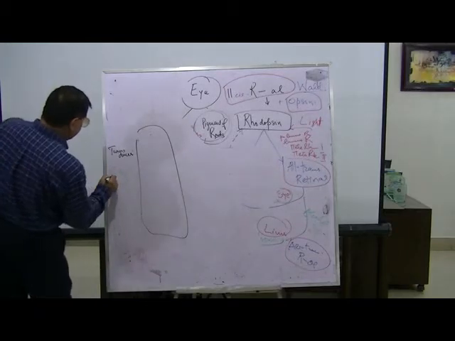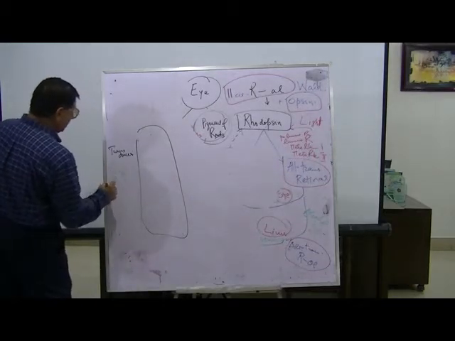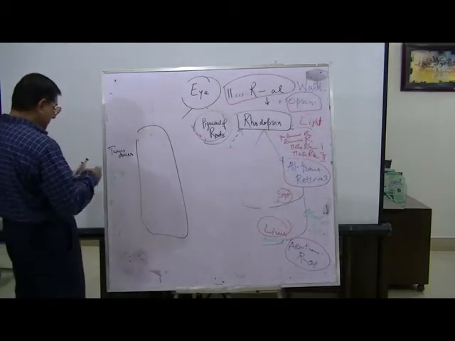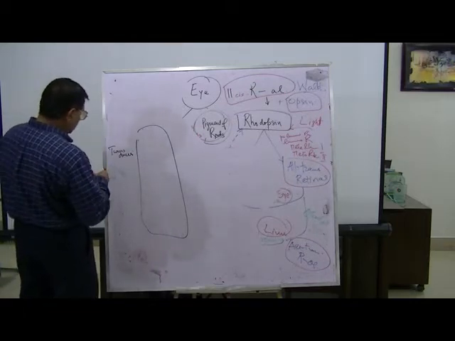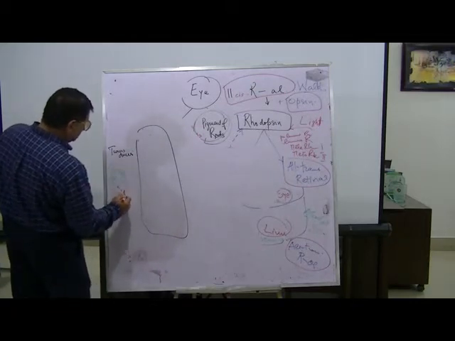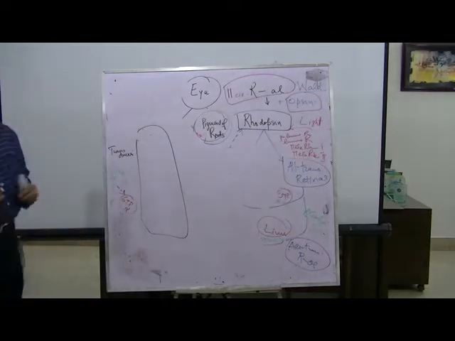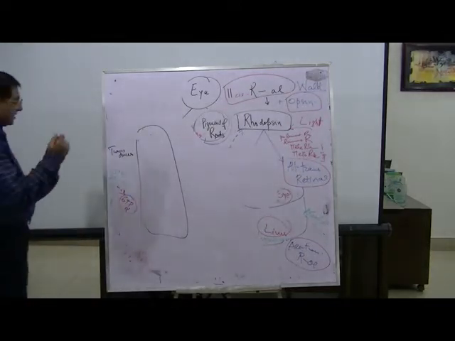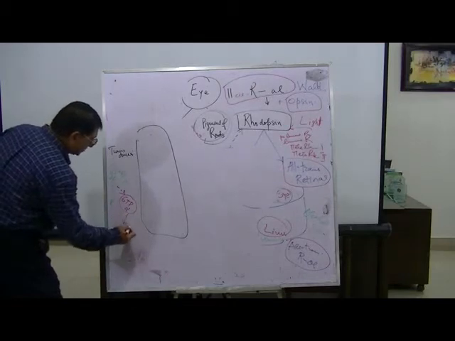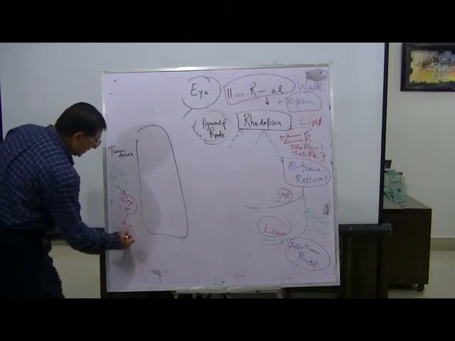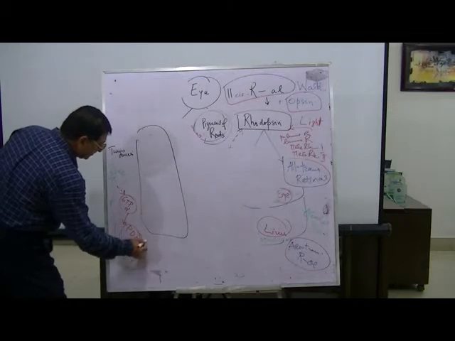So GDP is linked; GDP is replaced, goes out and is replaced by GTP, converted into GTP alpha. This transducer is activated. This acts on and stimulates the phosphodiesterase enzyme.